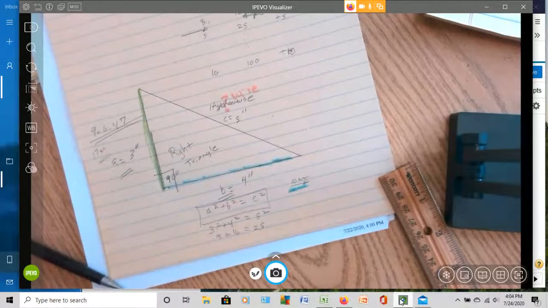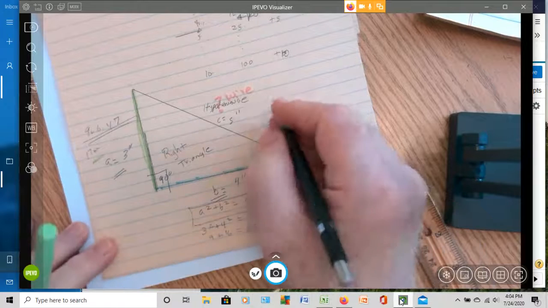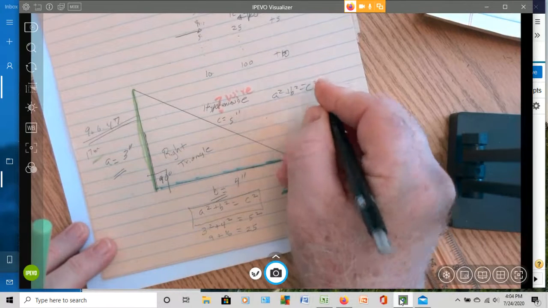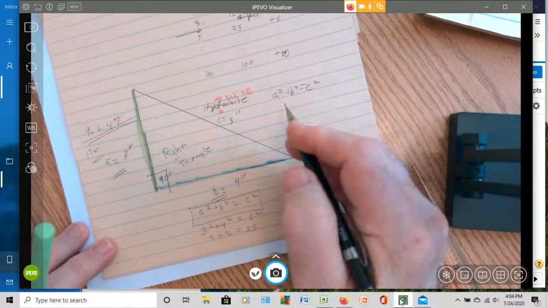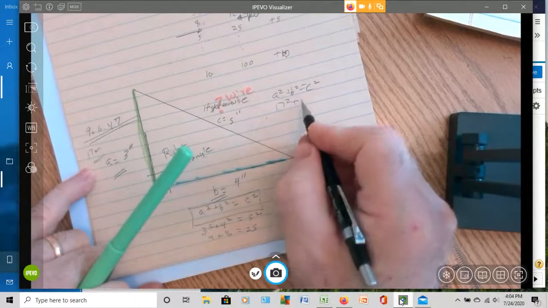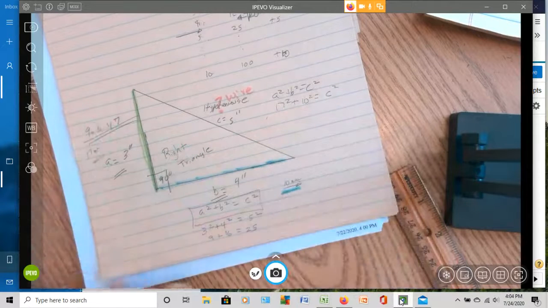Okay, so it's just a simple Pythagorean theorem problem. You ready? A squared plus B squared equals C squared. What's A? 17 squared. What's B? 10 squared equals C squared.